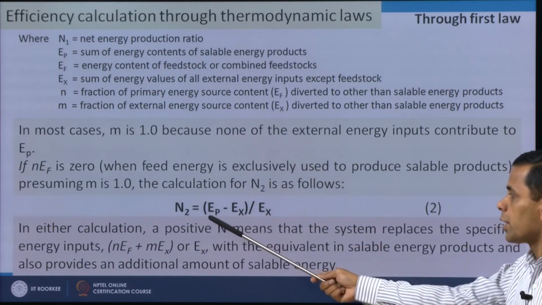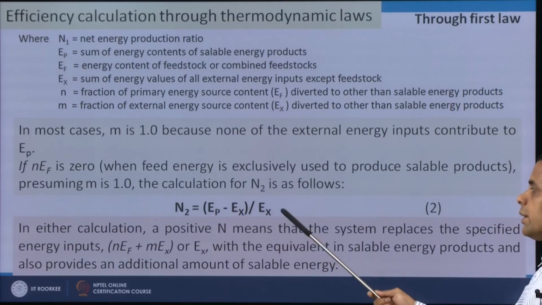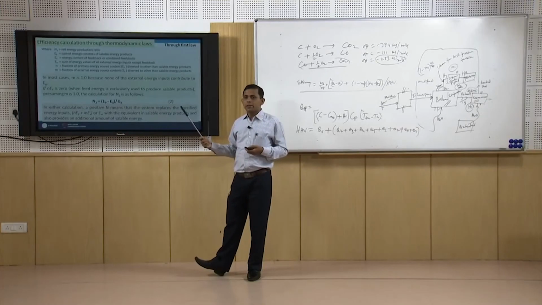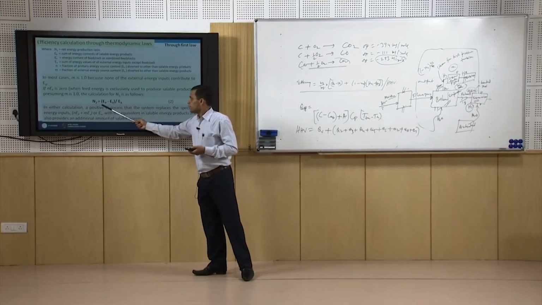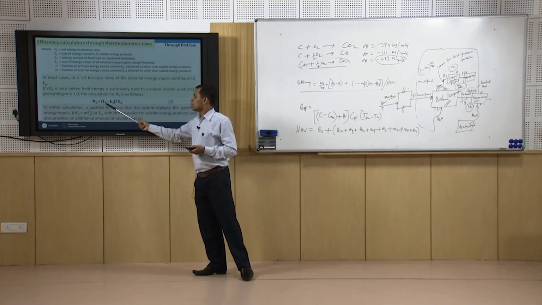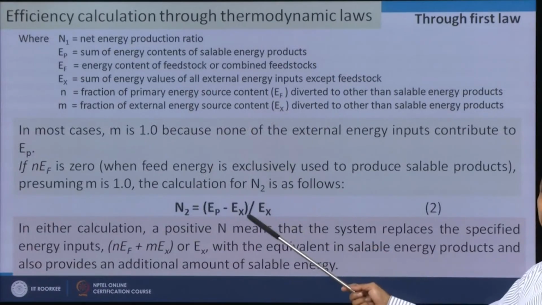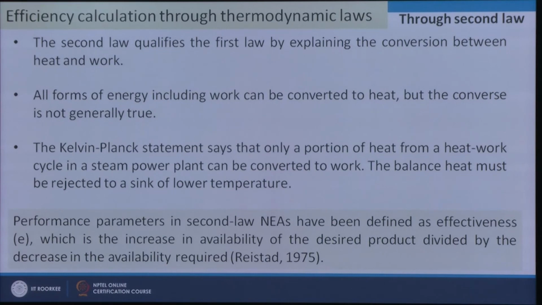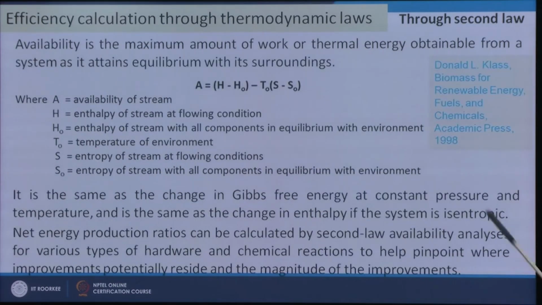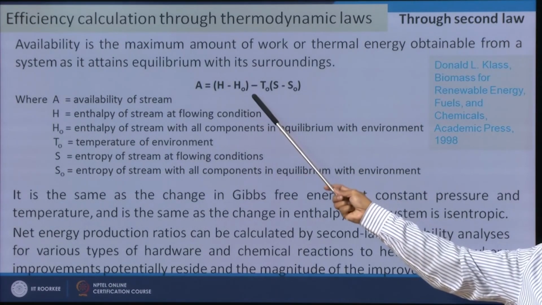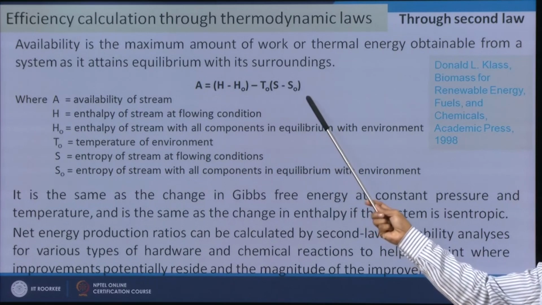So the expression is (EP minus Ex) by Ex. This indicates that the NEPR is always positive, that means the energy which is produced is much more than that which is consumed. The second law gives us another parameter, that is net energy availability, and it is defined as A equal to (H minus HO) minus T into (S minus SO).